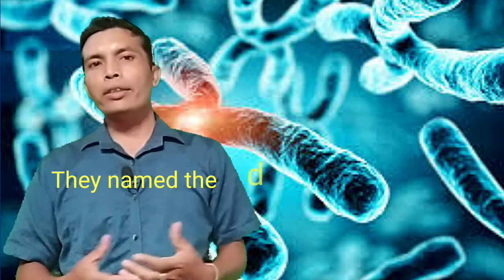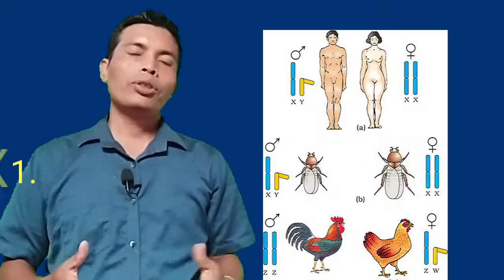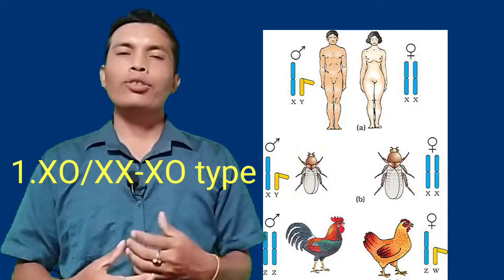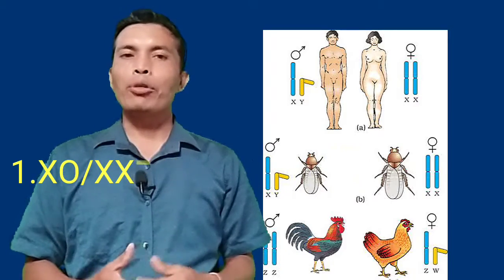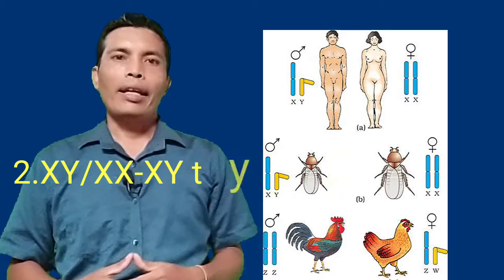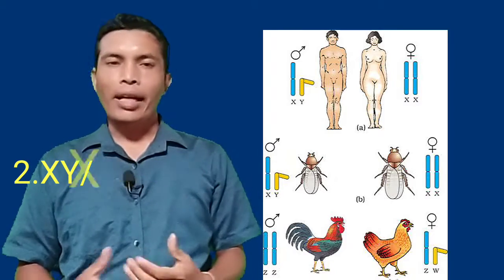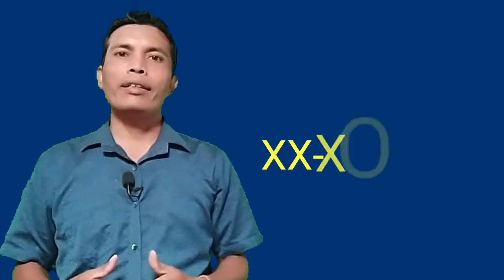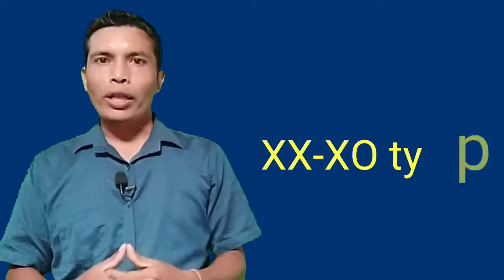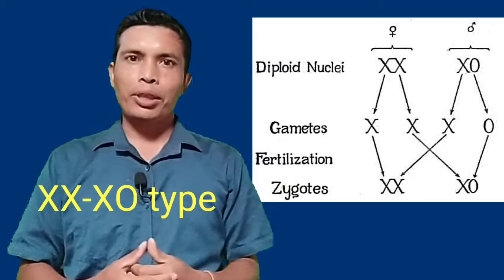So chromosomal sex determination is again of 3 types: XO or X0 type of sex determination, XY type of sex determination, and ZW type of sex determination. Firstly, let us learn what the XO type sex determination is.